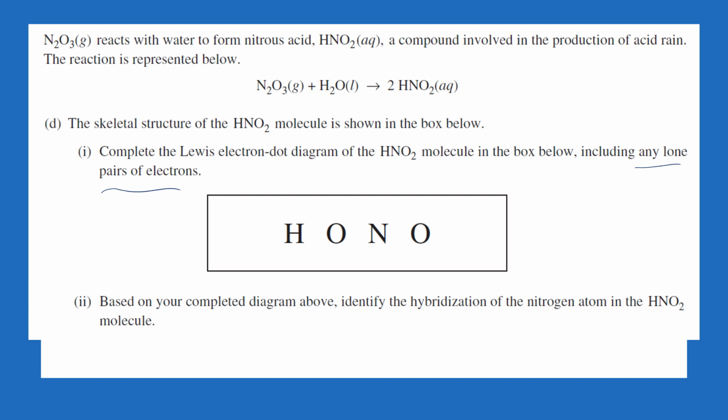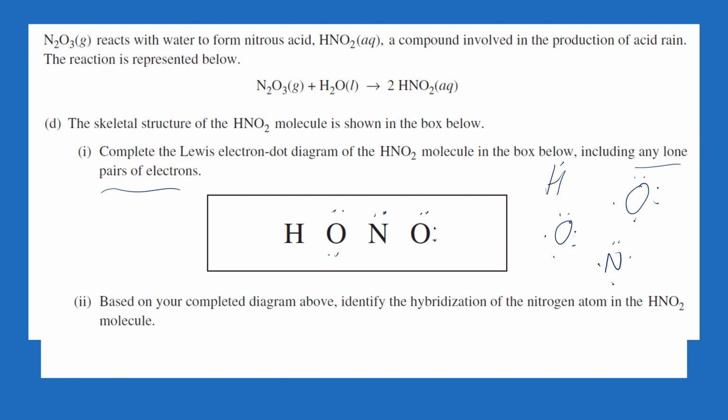Okay, so hydrogen has 1 valence electron, oxygen has 6 valence electrons, and nitrogen has 5. So we know nitrogen has 1 lone pair, and oxygen has 2 lone pairs for both of those. So you don't want to forget those.